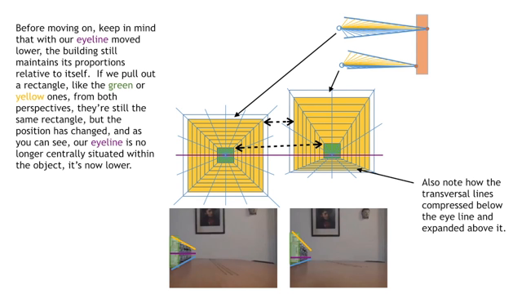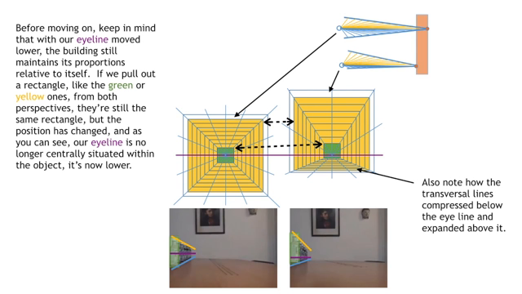They're still the same rectangles, but their position has changed. And as you see, the eye line is no longer centrally situated within the object, it's now lower. So as we move our observer height down, the vanishing point moves down relative to the object, but the object itself maintains its proportions. So we can look at our bottle example the same way.